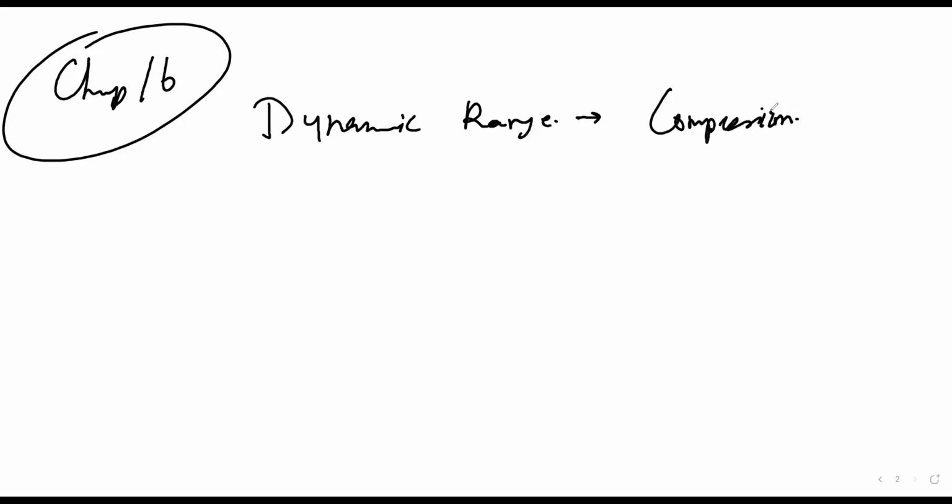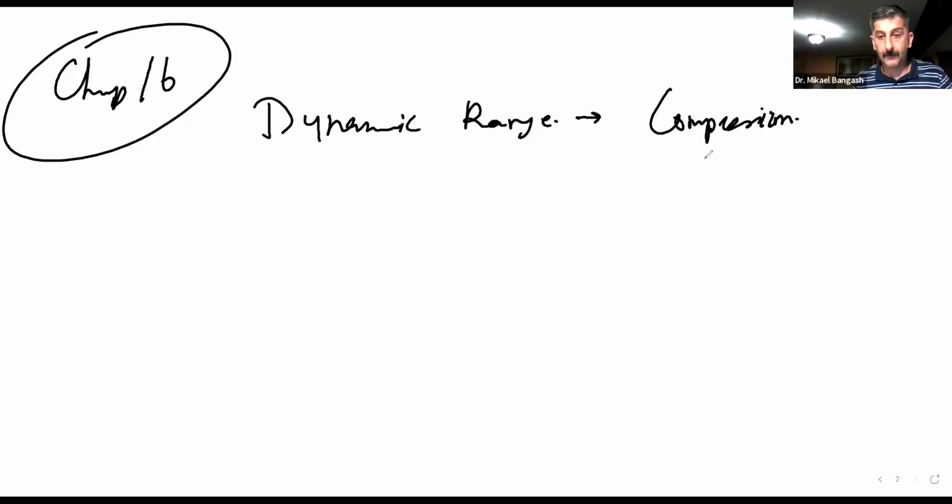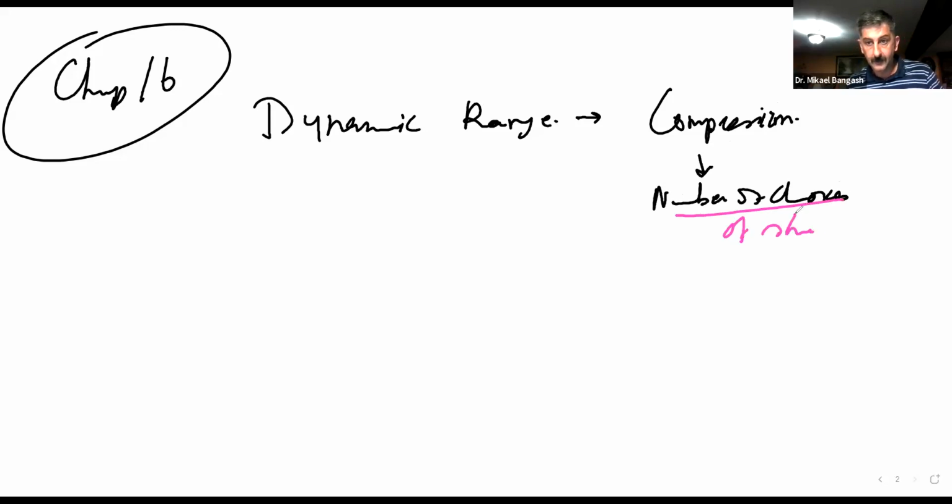Yes. Okay. And with compression, the last thing that we will talk about is related to the number of choices. What do you mean by the number of choices? It is the number of choices of shades of gray.